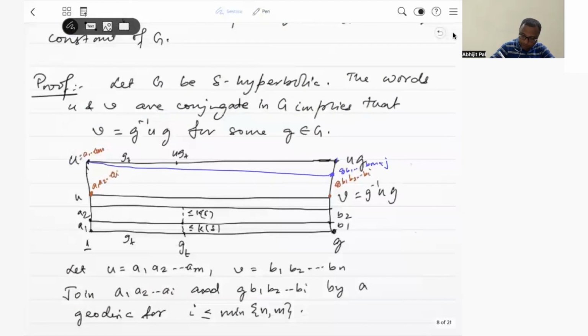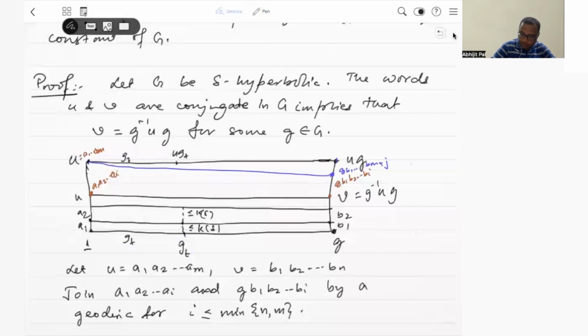So if I take any element g_t in this geodesic joining 1 and g, the distance between 1 and g_t will be the same as the distance between u and u g_t.